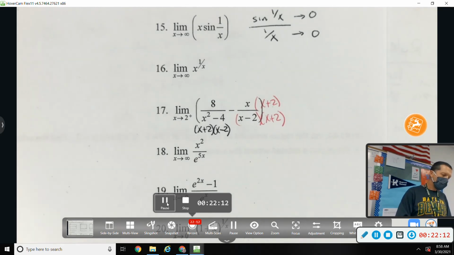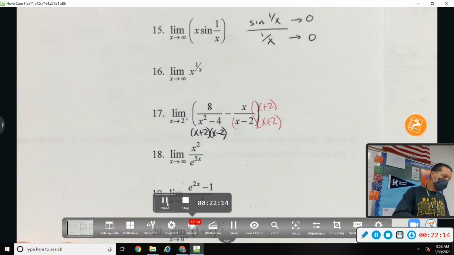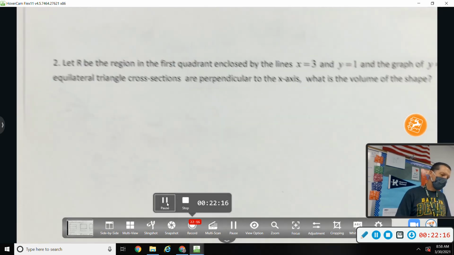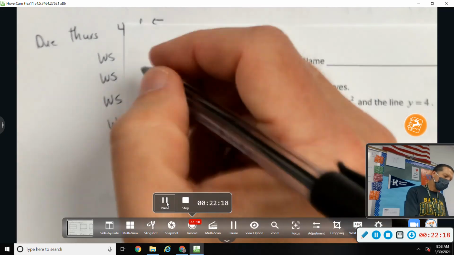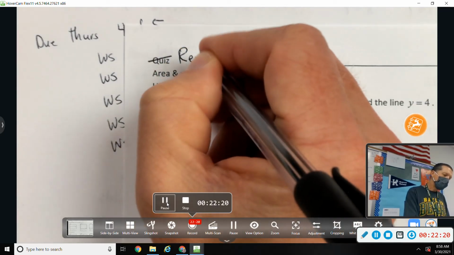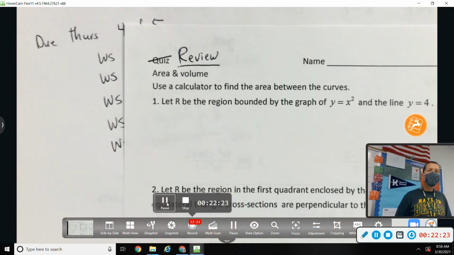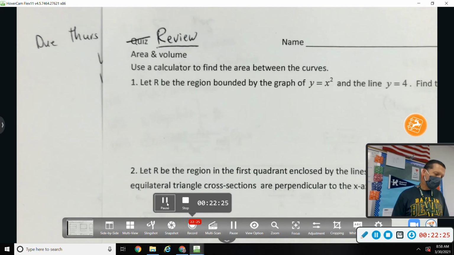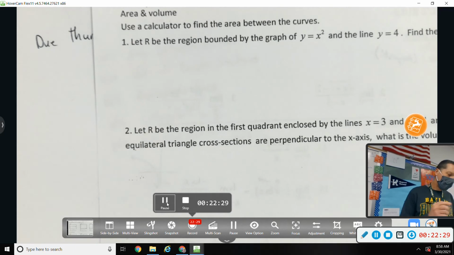All right, answers are at the bottom. And then the back, again, it says quiz. If it makes you feel better, mark that out and write review. It's not much of a review. It's a pretty brief review, but there's kind of one of everything. Number 1 is an area problem.